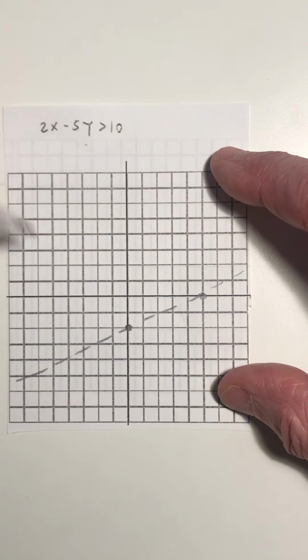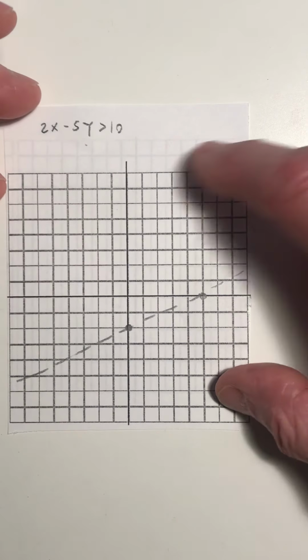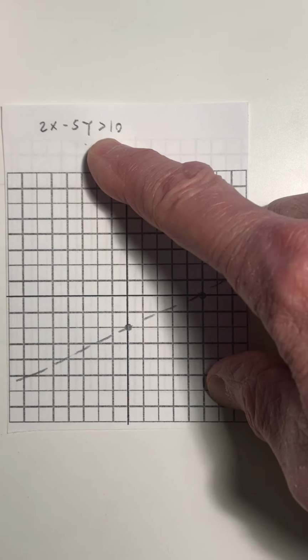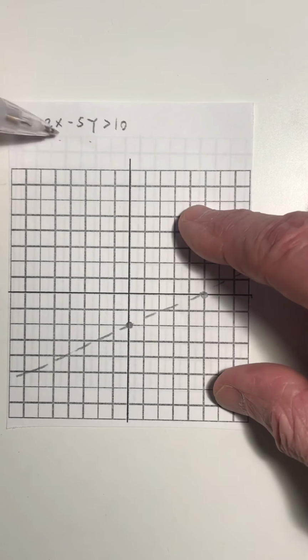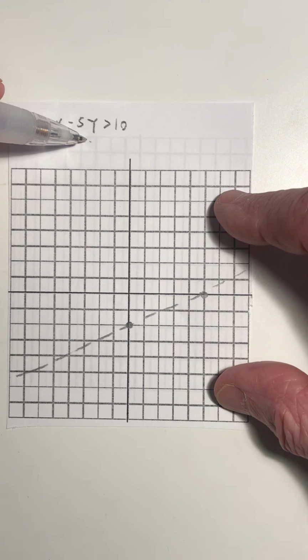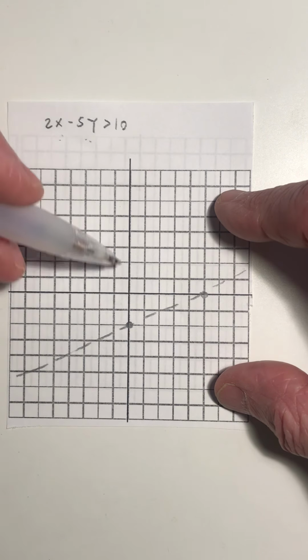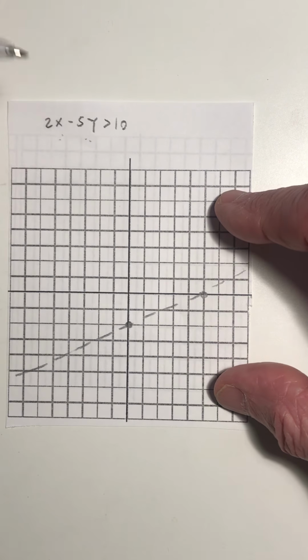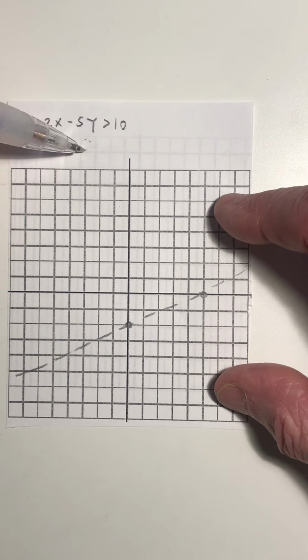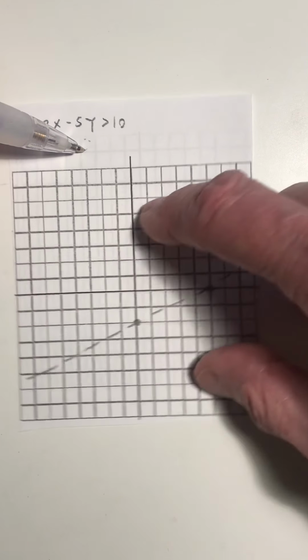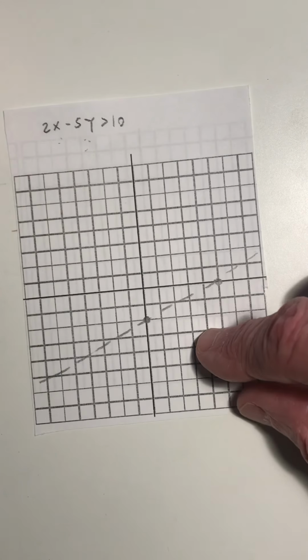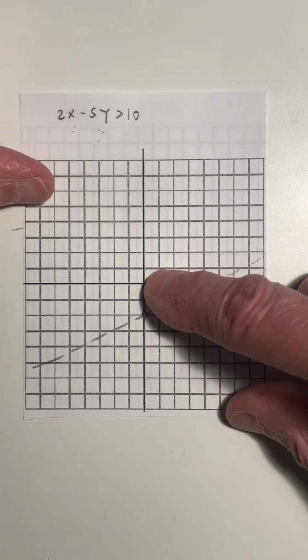And now we have to decide whether to shade above or below, and it has nothing to do really with the direction of the sign. What we have to do is plug in a point and see if the point works. And if the point works, then we shade the side with the point. Plug in any point you want from here or from here. What's the easiest point to plug in? 0, 0.